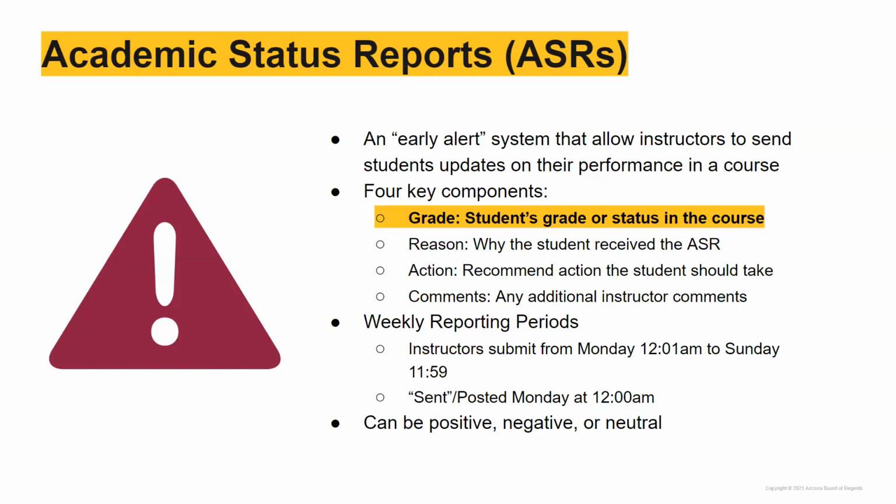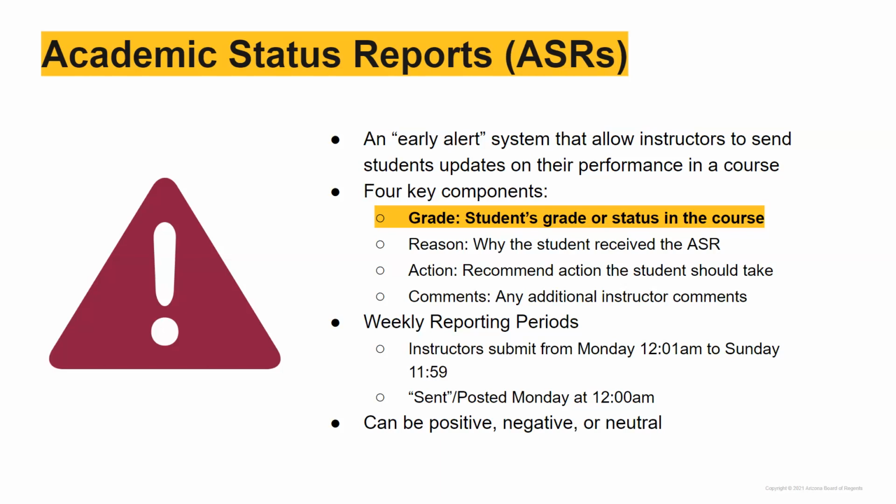So four key components comprise an ASR. What's required is that the instructor puts in a grade or status. Although in the data, I found some without that, so I'm not sure why that's the case. But technically, that's supposed to be required. Then they could also put in the reason for the ASR. So they could say that you've missed class a number of times. And then they can put in an action.